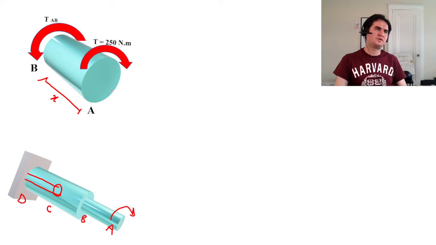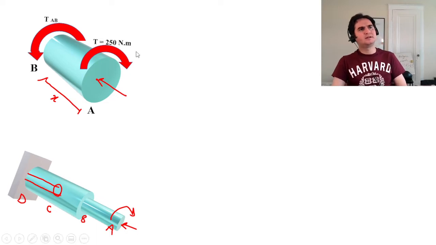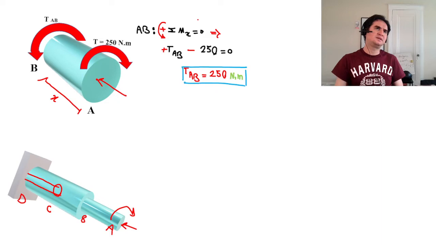If we travel from right to left, from free end to fixed end, and develop the free body diagram, we can develop the moment equation for part AB, sigma Mx for the length of x equal to 0, and consider the counterclockwise direction as the positive direction.